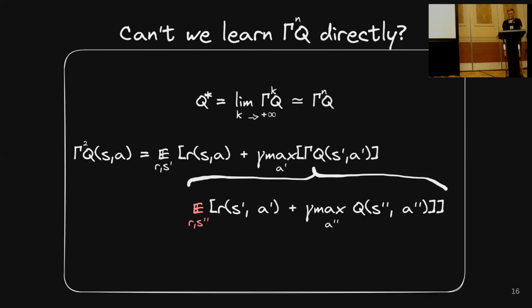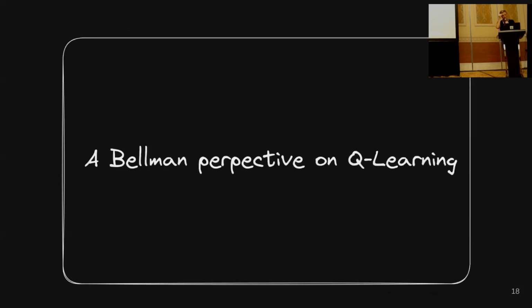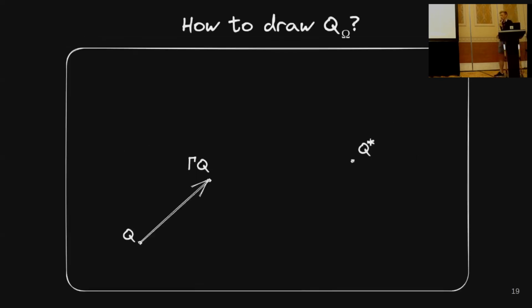So let's think about it a bit more abstractly. The first question is how to draw the space. We want to represent these Q functions in some space, but think about Atari games. We are trying to understand the space of Q functions. In Atari games, the state space is pixels, right?